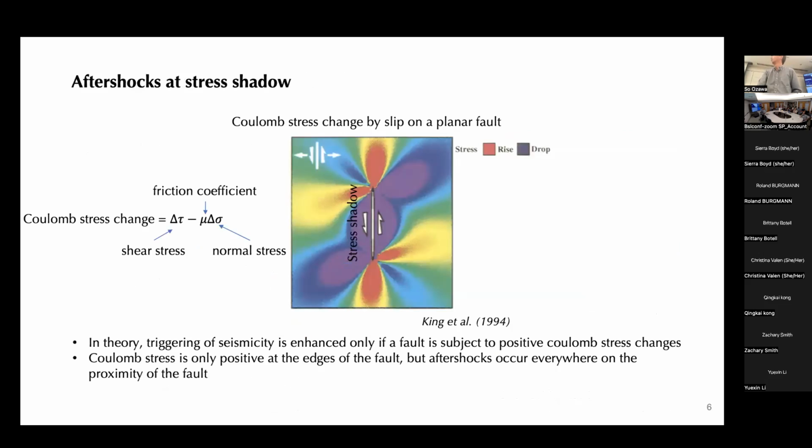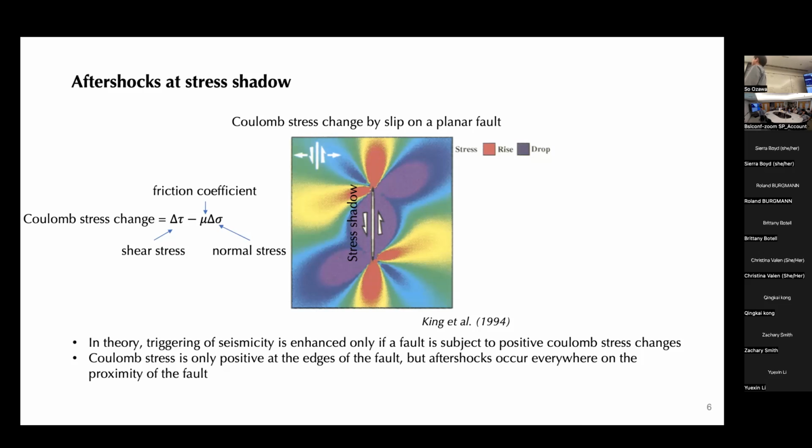Another problem, maybe a physical problem about aftershocks, is their locations. Classically, in theory, triggering of seismicity is enhanced only if a fault is subject to positive Coulomb stress change, as explained in this figure. The Coulomb stress change is defined like this, as you are very familiar with. If you have one fault and this fault slips here, you can calculate the change of Coulomb stress by the slip of this planar fault.